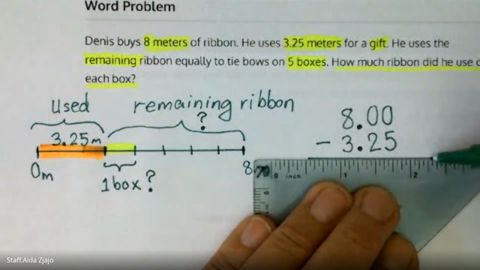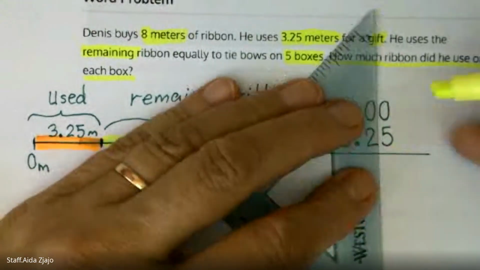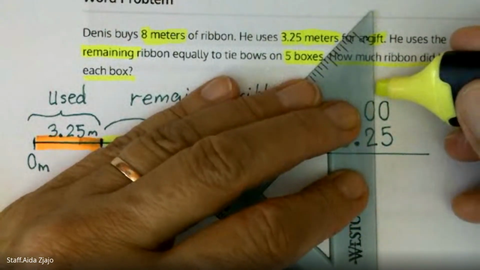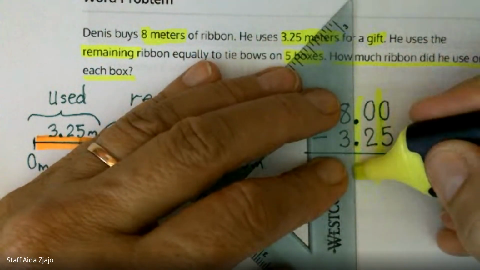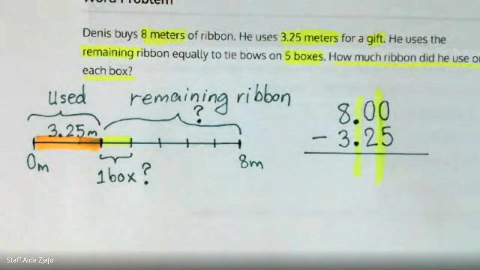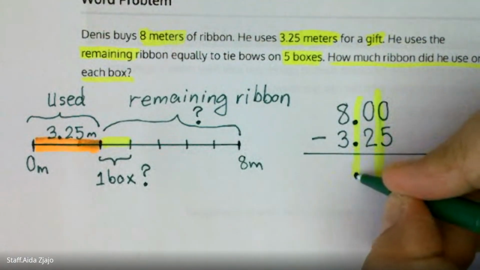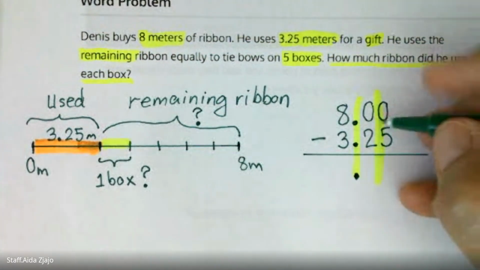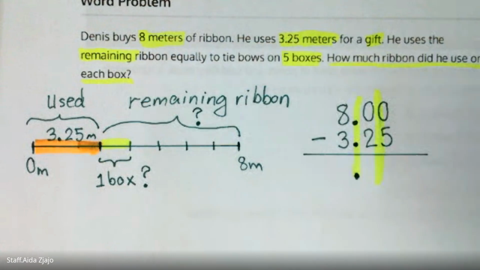Precision is very important. I like to use my highlighter to divide the places. The decimal needs to be aligned when you are doing subtraction, or addition as well.